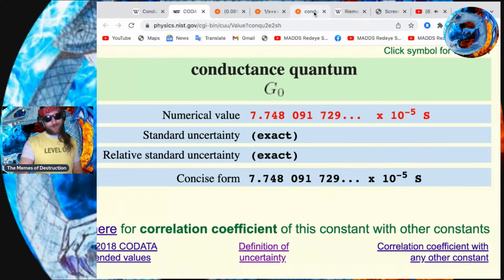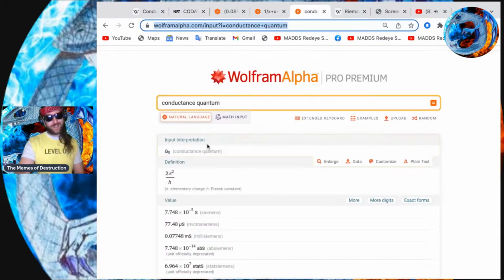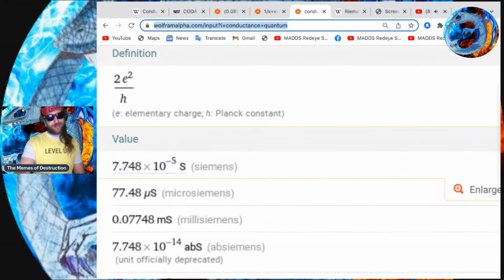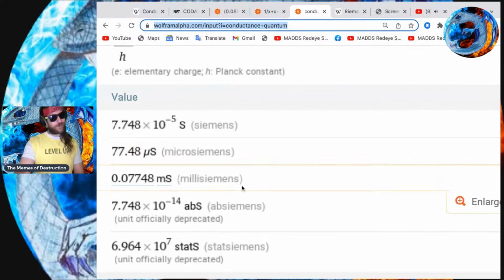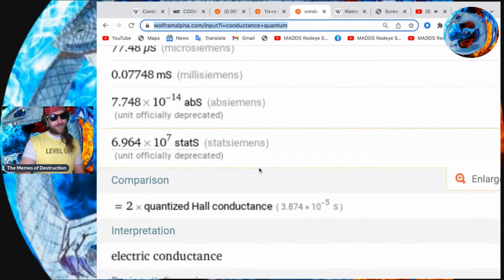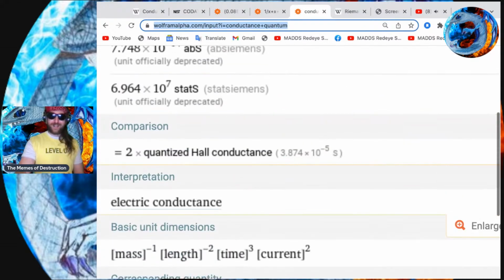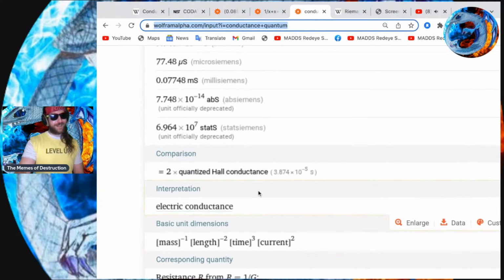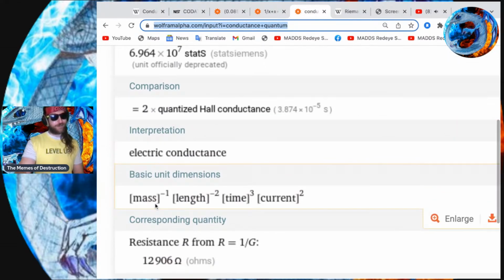So I went to my friend Wolfram Alpha and then double checked in the sources. That's actually a unit known as the Siemens, right there. As you can see, we have Siemens, microsiemens, millisiemens, absiemens, statsiemens. Basically, you look at the dimensions right there. What are we looking for?